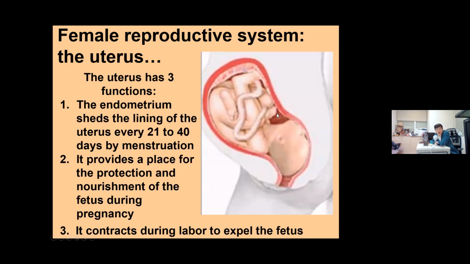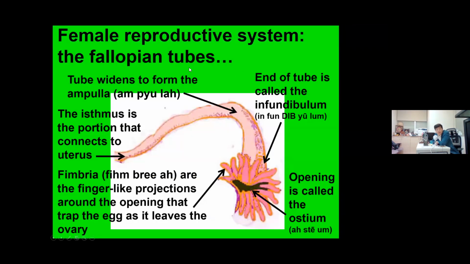So the uterus holds a baby over here. This is the normal vertex position of the fetus, and the placenta provides blood for the baby. And I will talk about the fallopian tube. The fallopian tube connects the uterus and the ovary.